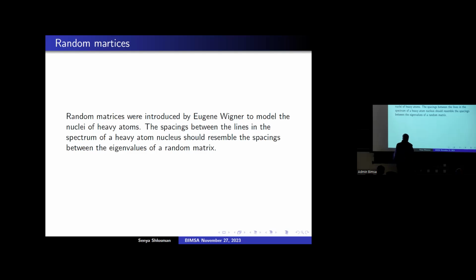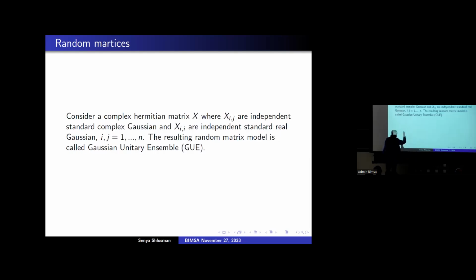So what is a random matrix? Random matrix theory. Well, the simplest case, and the one that we will need, is this one. You take an n by n matrix, and you fill this table with independent Gaussian random variables.